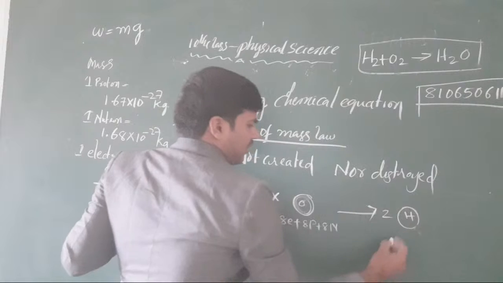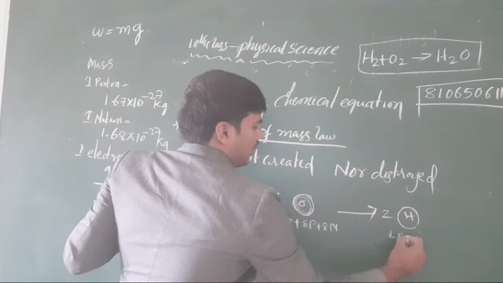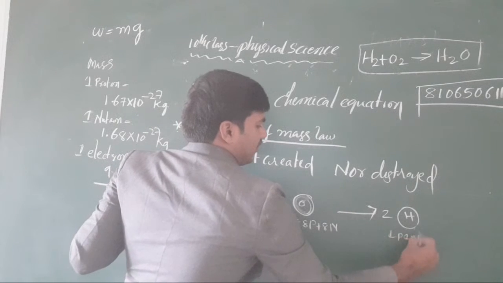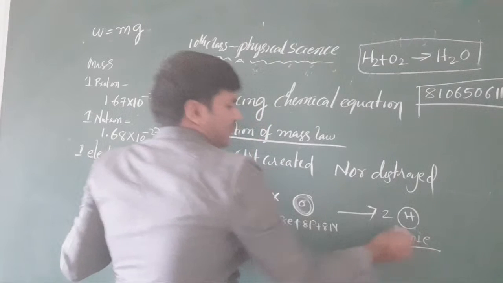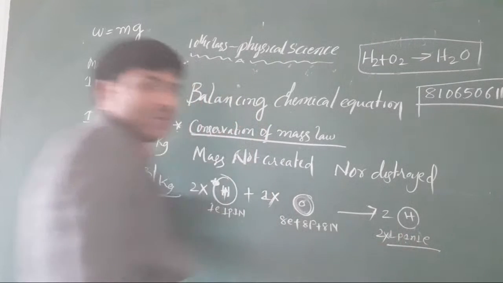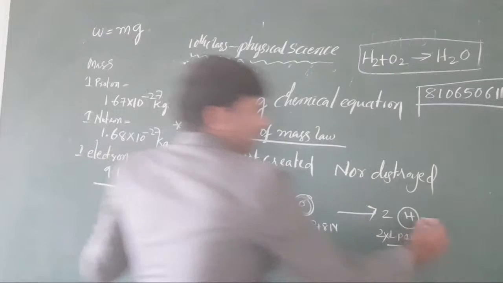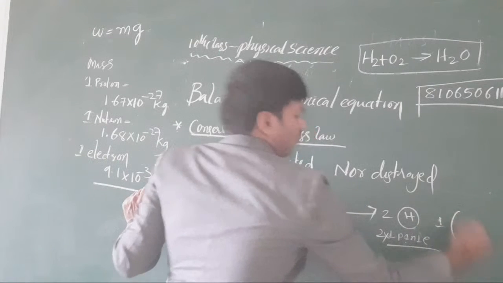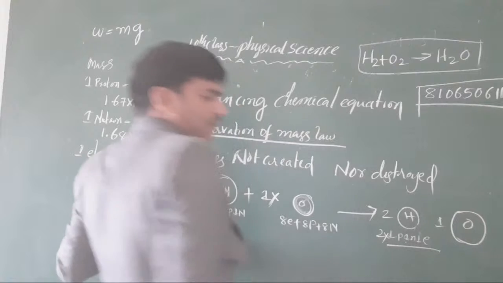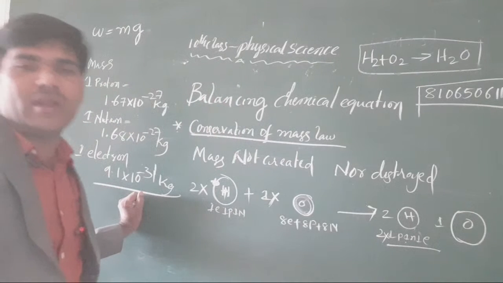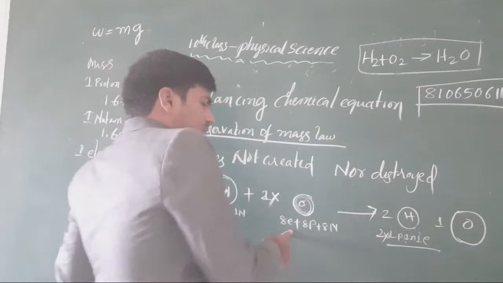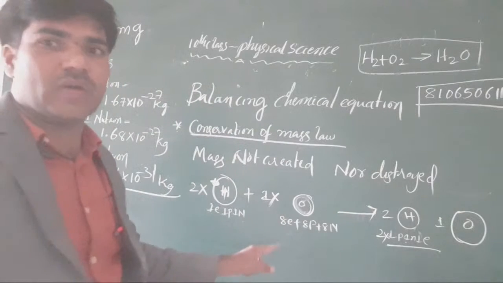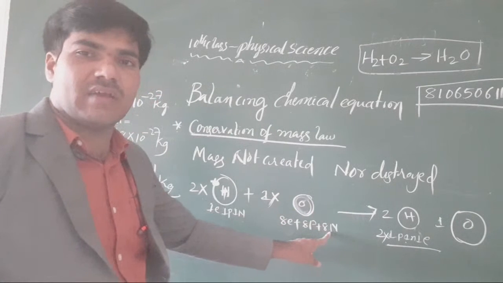Means 2 protons, 2 neutrons and 2 electrons are there here. Understand all of you for hydrogen. But oxygen, only 1 oxygen is there. Nothing but here 16 electrons, 16 protons and 16 neutrons are there.